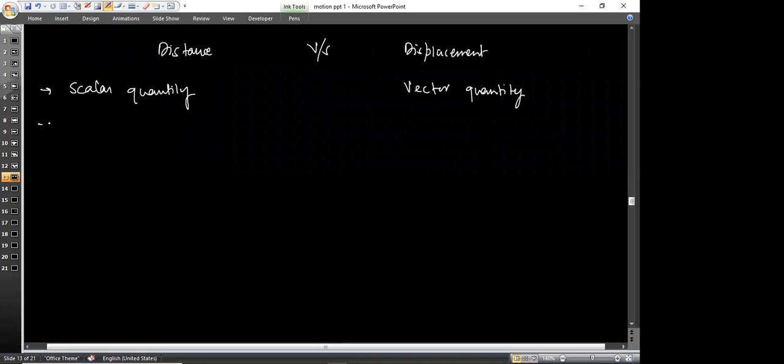Second, distance can be positive or zero. Displacement can be positive, negative, or zero. It can have all three values.